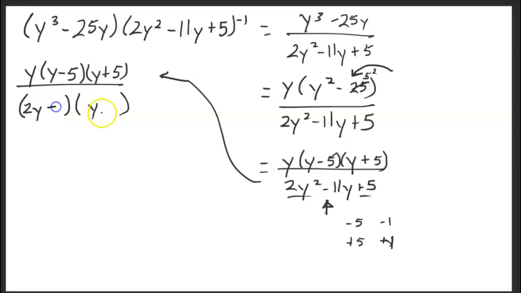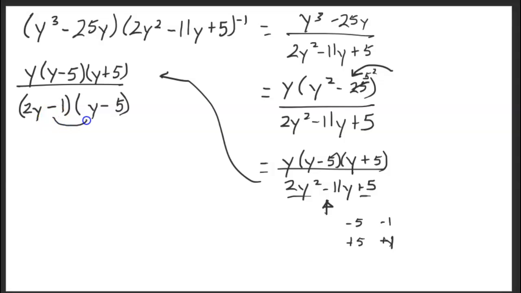They're both negative. Now my only question is, is it 2y minus 5, y minus 1, or is it 2y minus 1, y minus 5, right? Does the 5 go here, or does the 5 go here? Well, I would like to think that the 5 goes here, because that matches something I have upstairs. So I'm going to try that first.